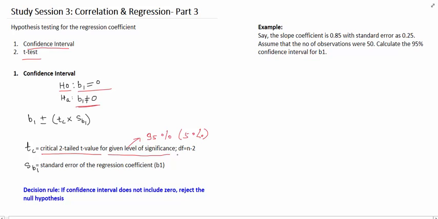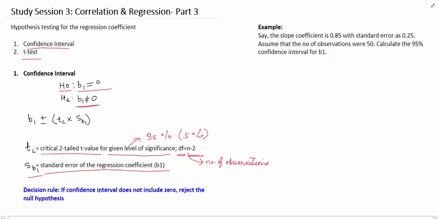And df is the degree of freedom, which is equal to n minus 2, where n is the number of observations. SB1 is the standard error of the regression coefficient, which is b1.